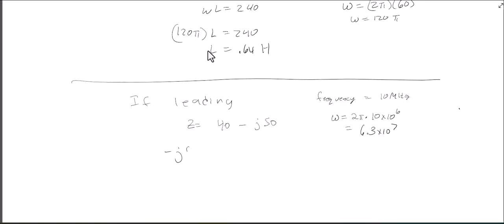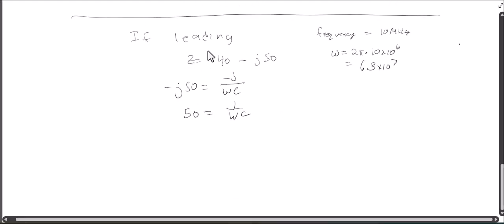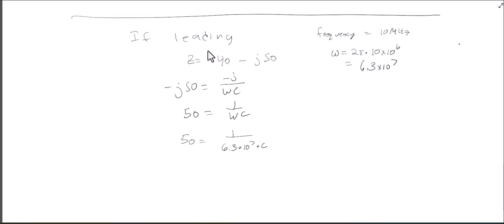So minus J50 equals minus J over omega C, or 50 equals 1 over omega C, or 50 equals 1 over 6.3 times 10 to the 7th times C. Or C equals 50 times 6.3 times 10 to the 7th.